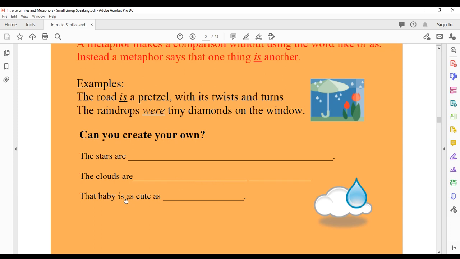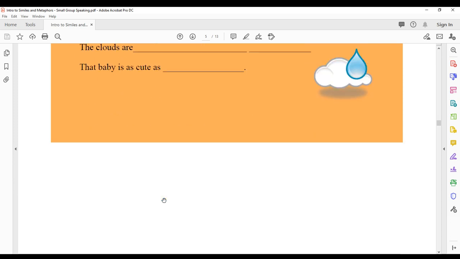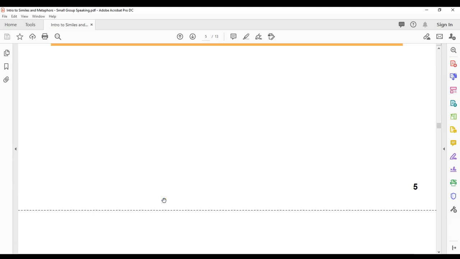And here, they made a mistake. They put a simile. So instead of saying the baby is as cute as, because that's a simile, I might say the baby is a cute puppy. Something like, I don't know, a cute lamb. Sarah didn't like that one, but just saying one thing is another thing.